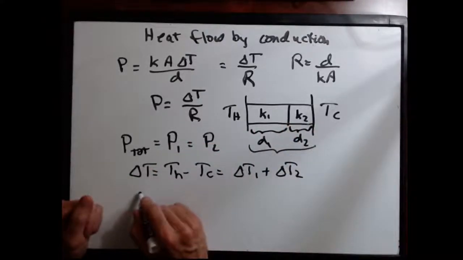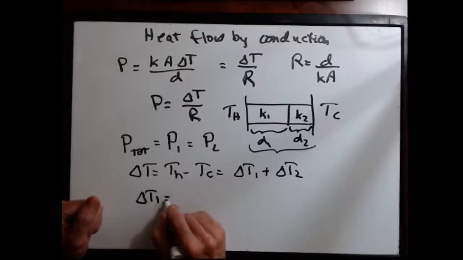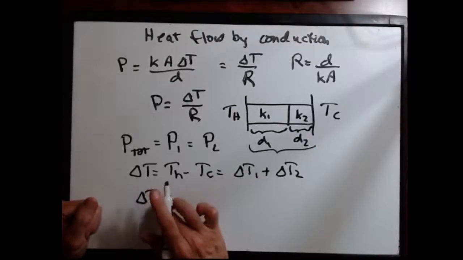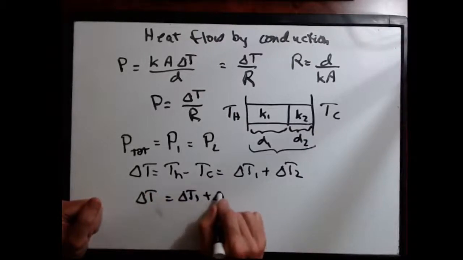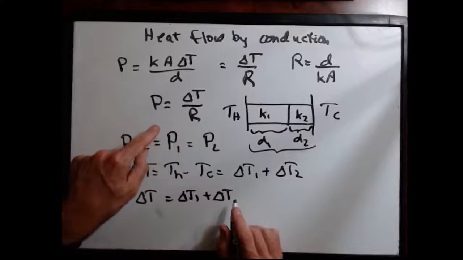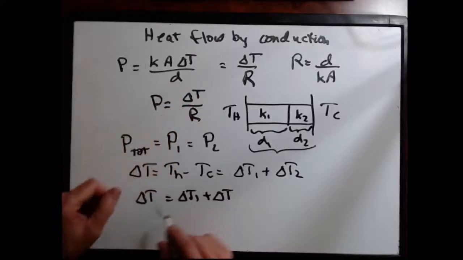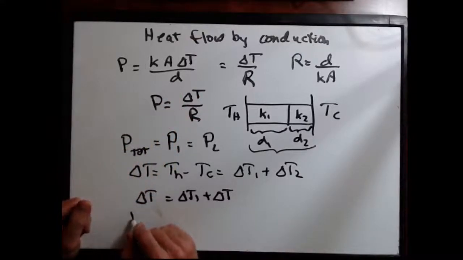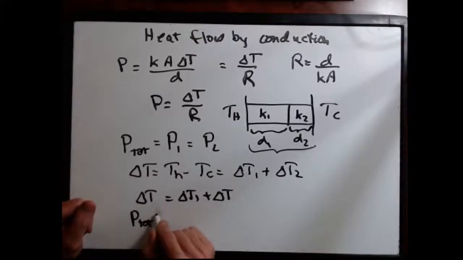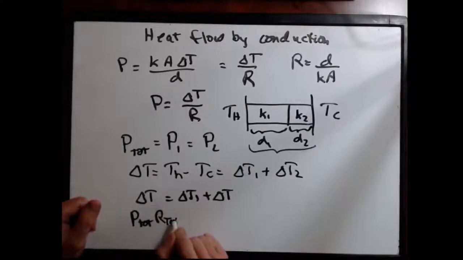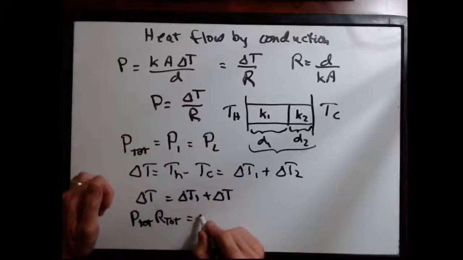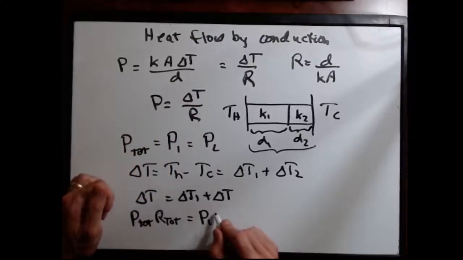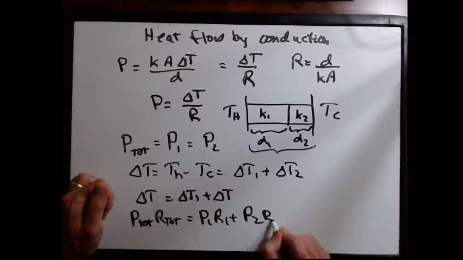But now I can use this equation to say delta T is P total times R total, which is equal to P1 R1 plus P2 R2.